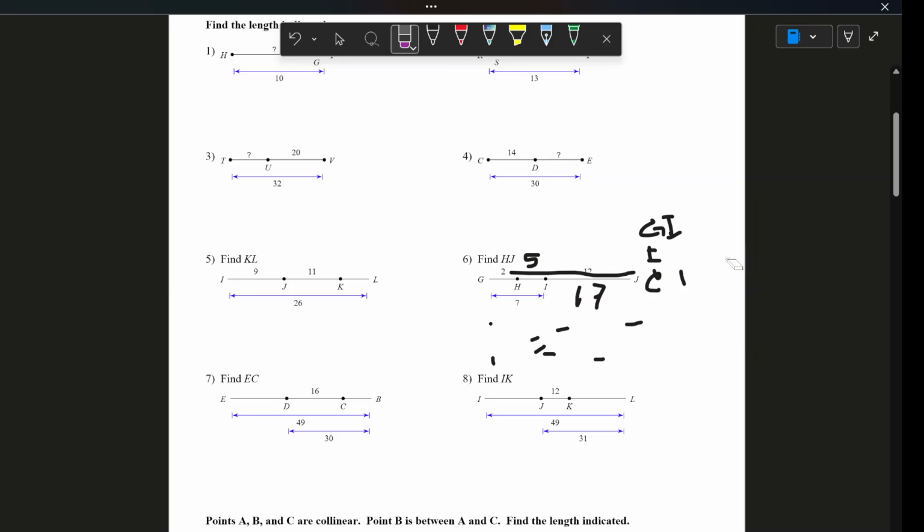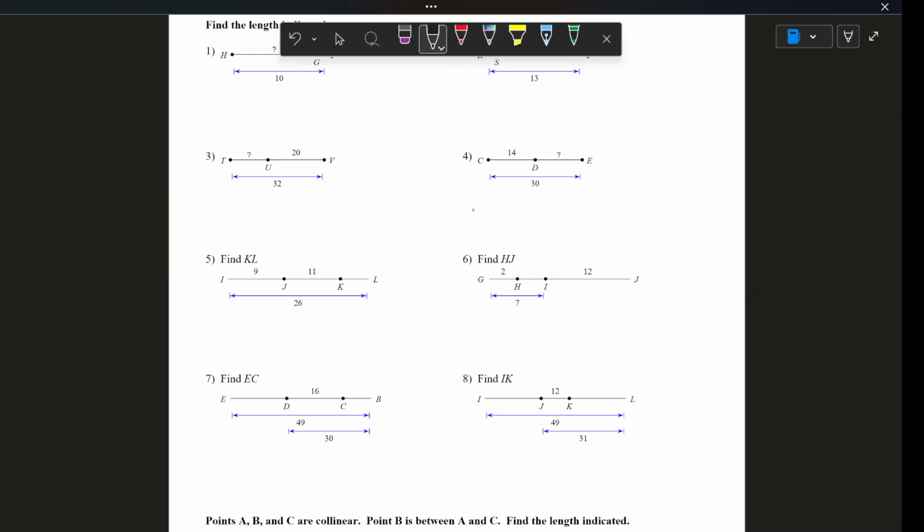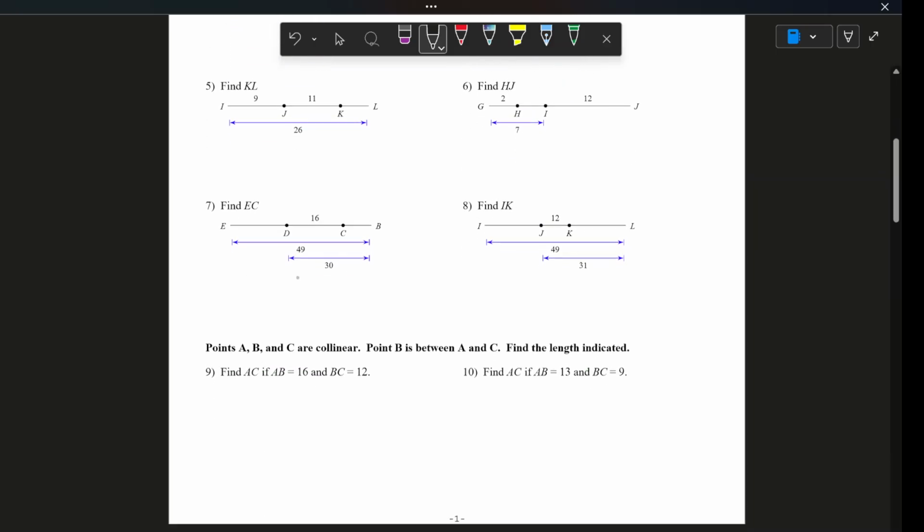Let's do one more. Let's do this one right here. Okay. So we know EB is equal to 49, and we know DC to be equal to 16. Well, we want to figure out the length of EC.